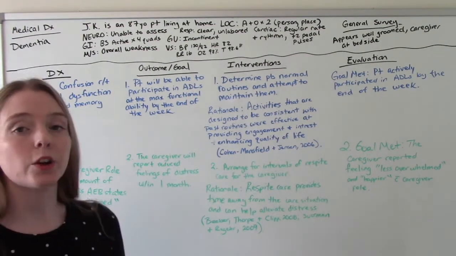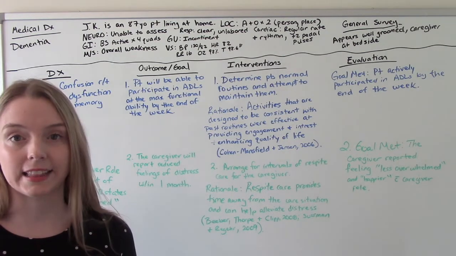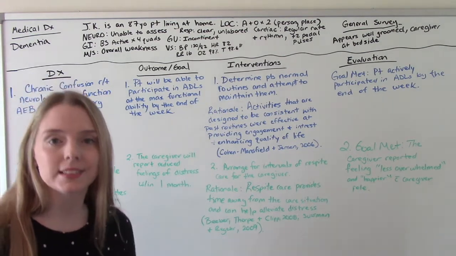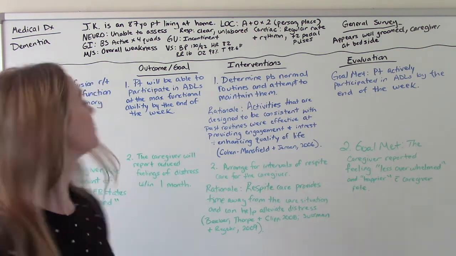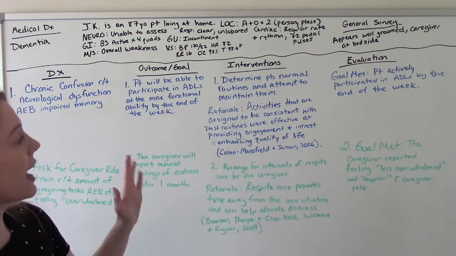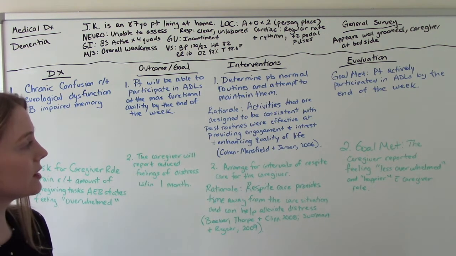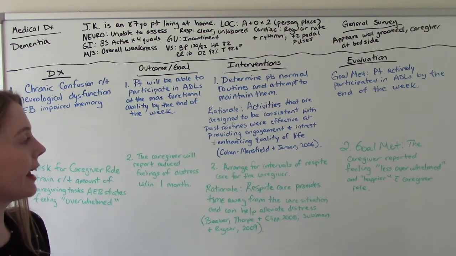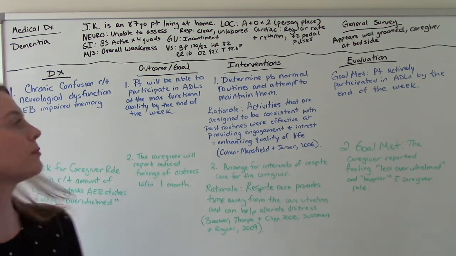We're going to determine their normal routines and then attempt to maintain them. So getting them into a nice scheduled routine is going to help them every day remember what to do. And our rationale for choosing this intervention is activities that are designed to be consistent with past routines were effective at providing engagement and interest and enhancing the quality of life. And then of course we've cited that.